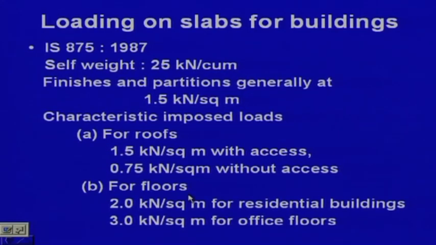For floors we have 2 different values: if it is a residential building, you take 2 kilonewton per square meter; if it is office floors, you take 3 kilonewton per square meter. We should remember these few, and if the load is not mentioned, we shall assume on this basis. That means if it is an office building and the load is not mentioned, we take 3 kilonewton per square meter.